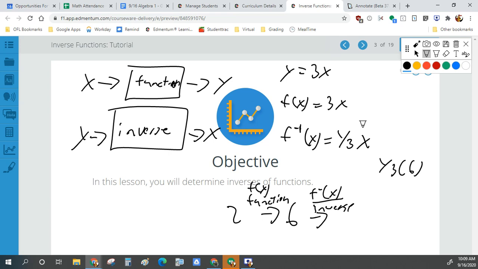So I'm dividing it by 3, in other words. Remember, 1/3 of x is the same thing as x divided by 3. So I would end up getting that 2 again. So that's a good way of finding it out. So if you put a function inside an inverse, you end up getting what you get there.